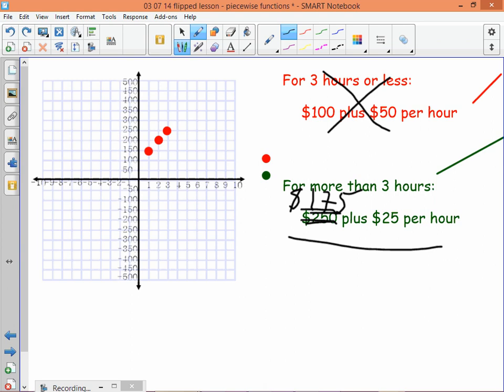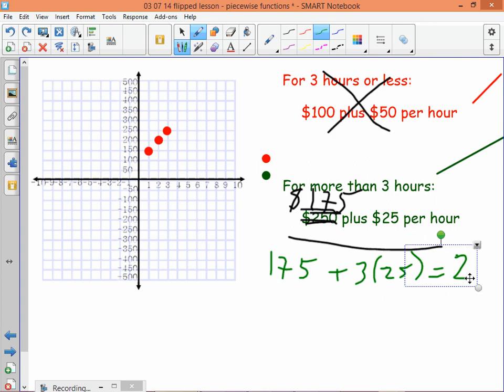All right, so for 4 hours, we've got 175 plus, actually, let's start with 3 hours. Even though we can only do more than 3 hours, let's start with 3 and see what happens. 175 plus 3 times 25. That's 175 plus 75, which is 250.